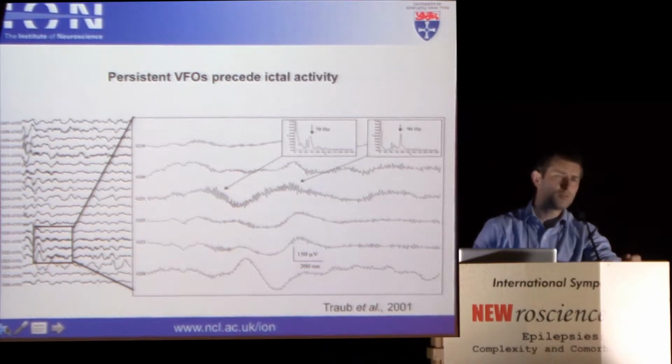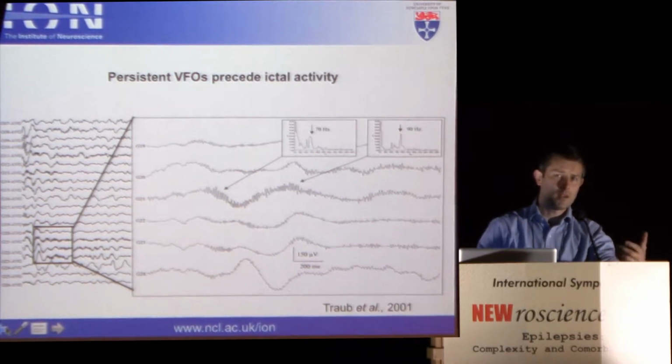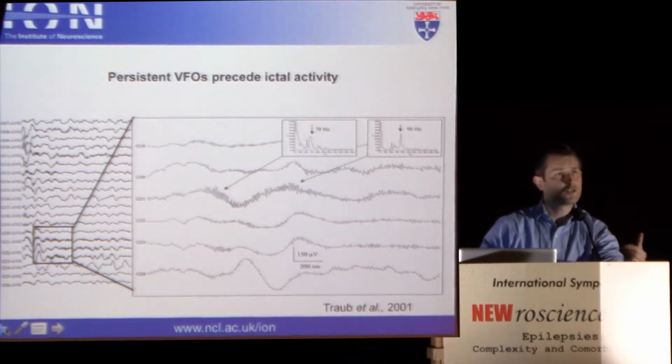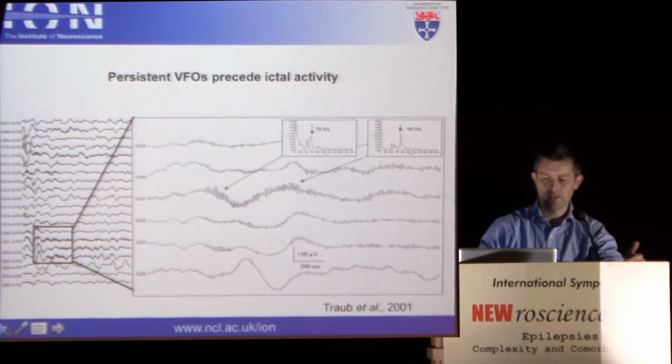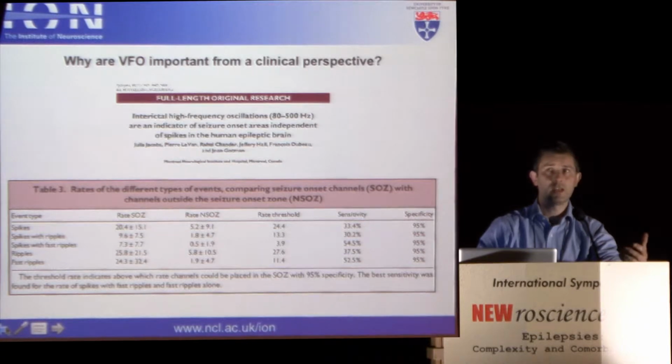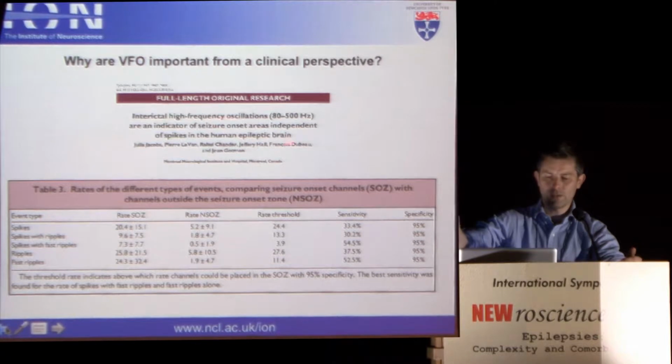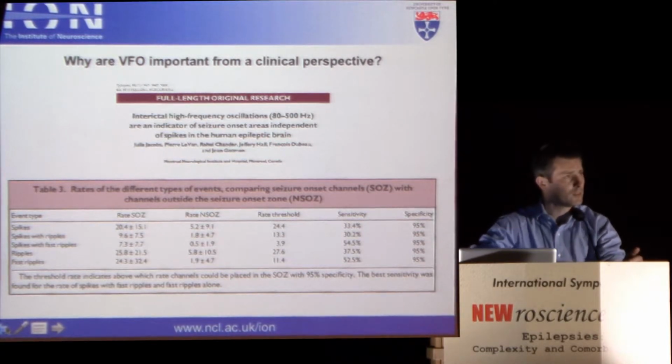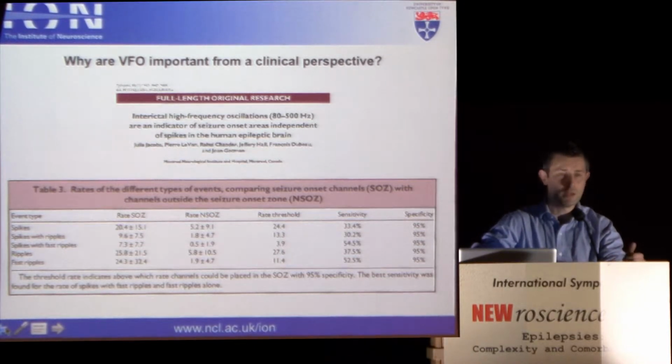So again, this is important because some people have alluded to the fact that this may be useful in terms of seizure prediction. But really, in trying to understand the clinical significance of these high-frequency oscillations, again, we must return to the work of Jean Gotman, who has published a number of very elegant papers where he's demonstrated that these interictal high-frequency discharges are an indicator of the seizure onset area independent of the classical ECoG spikes in the human epileptic brain.